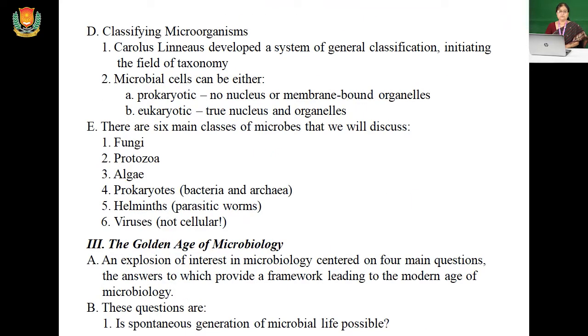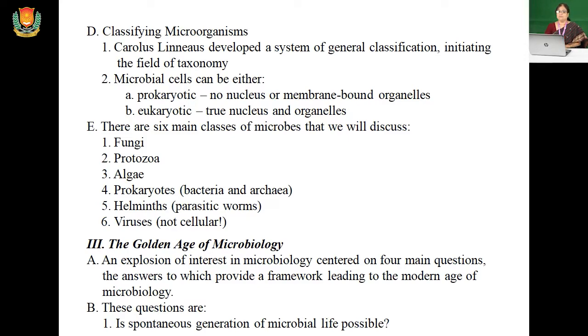Classifying the microbes is one of the important criteria. Unless you classify the microbes, we cannot go for their proper identification. This was given by Carolus Linnaeus, who developed a system of general classification, and this was the initial part in the field of taxonomy.